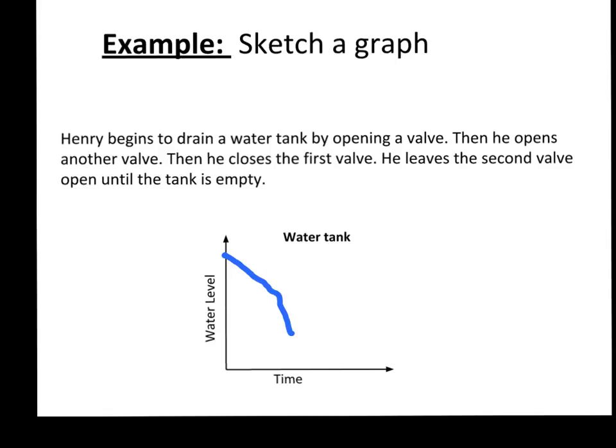But then he closes the first valve. So now the draining is going to slow down again. And then he leaves that second valve on until the tank is empty, so we reach 0. So something like this is going to be what your graph looks like.